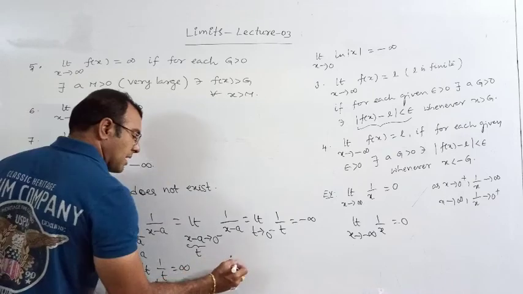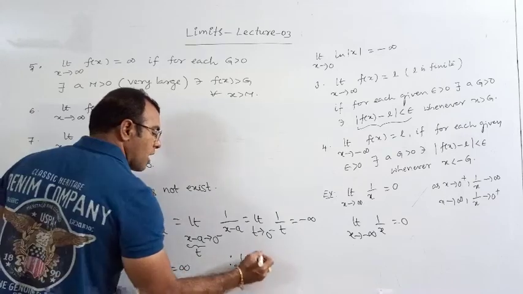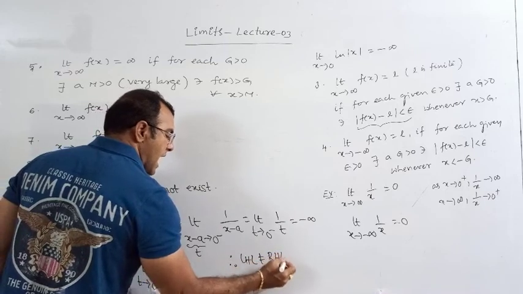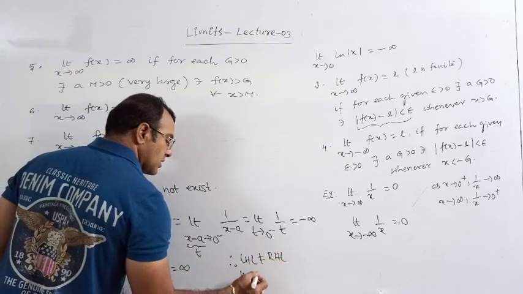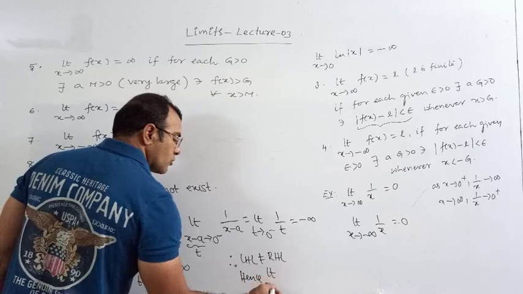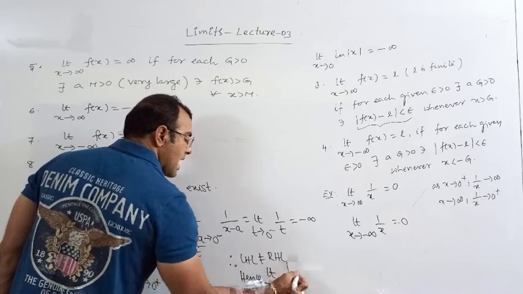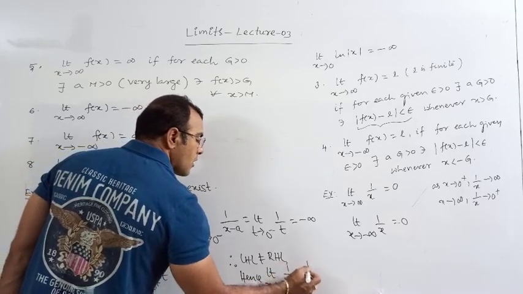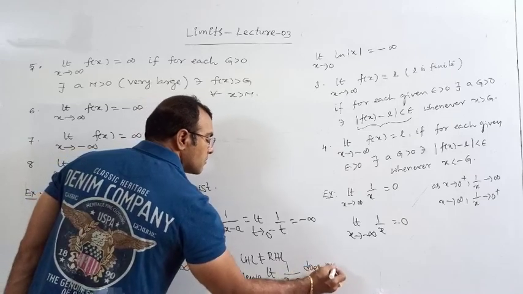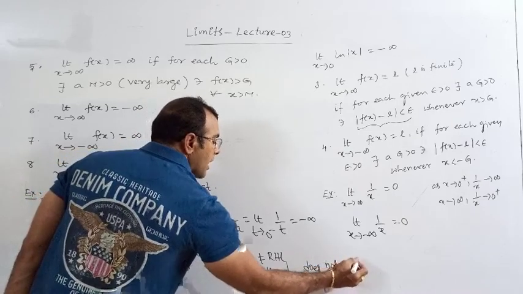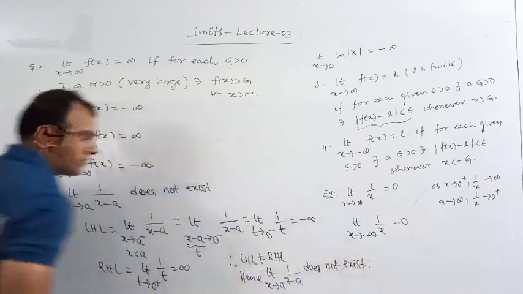Therefore, LHL is not equal to RHL. Hence, limit x tends to a, 1 by x minus a does not exist. I hope you are understanding.